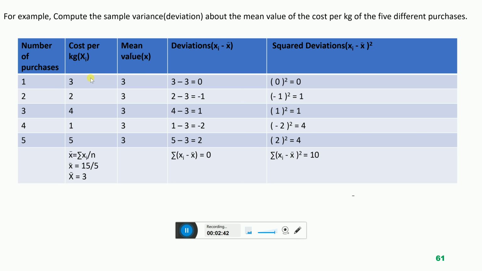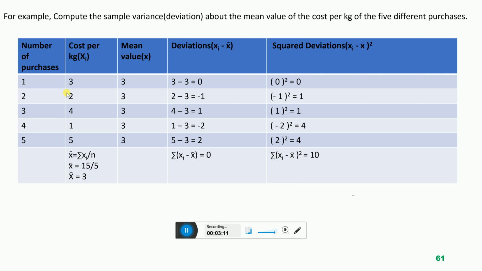We will compute the deviation of the data items about the mean value one by one. So in the formula, the data item is 3 minus the mean value 3, so 3 minus 3 is equal to 0. This is the deviation of the first data item about the mean value. 0 deviation, because the first value 3 is equal to the mean 3. So there is no deviation.